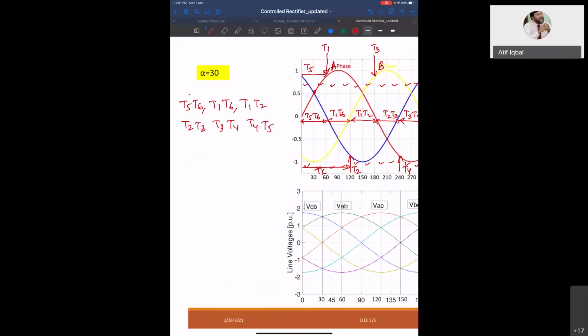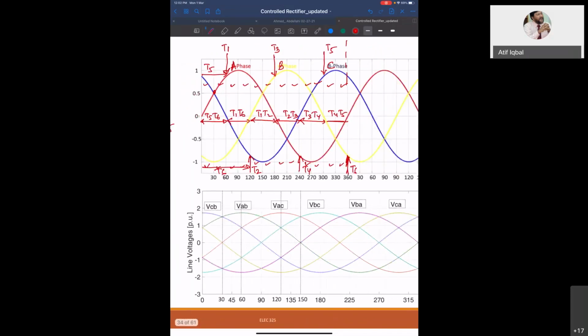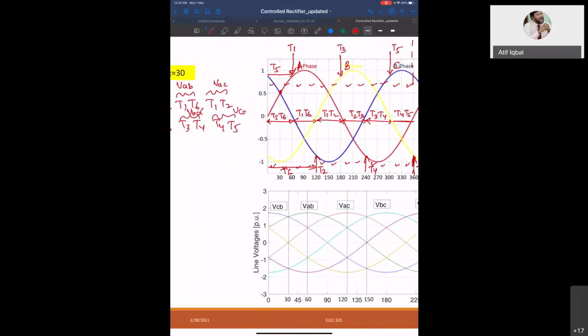Here you get VCB. When 1 and 6, you get VAB. Here you get VAC. Here VBC. Here VBA. Here VCA. This is fixed all the time.